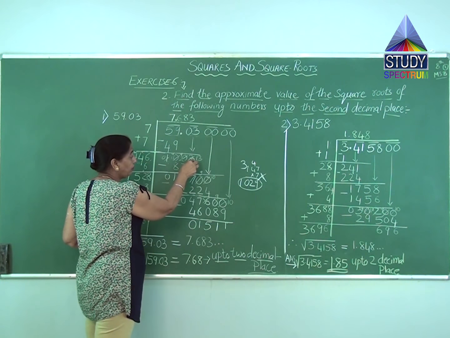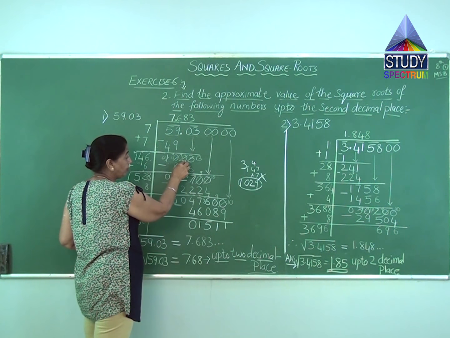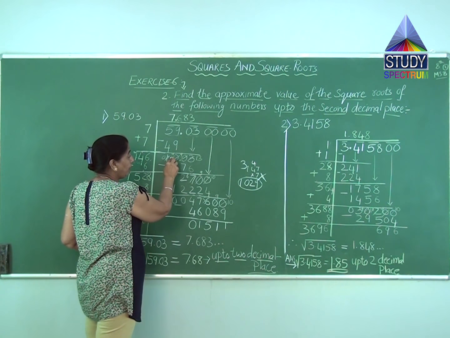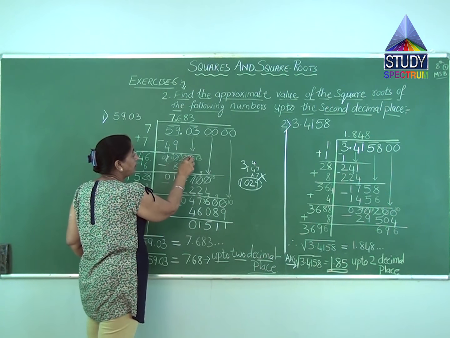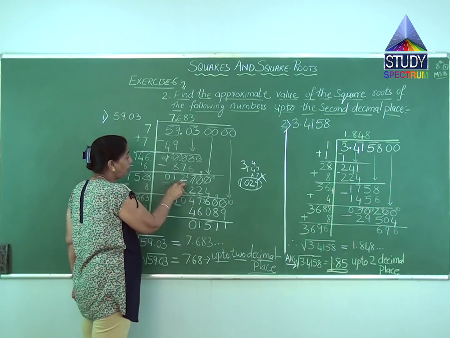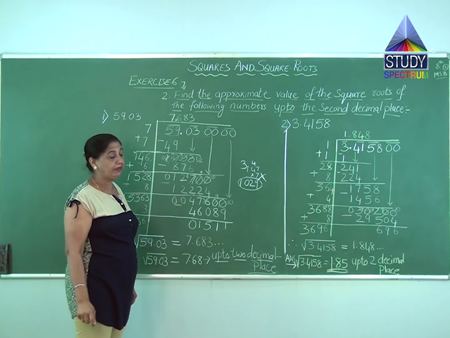From 3, 6 will not go and I can't borrow from here, so I have taken from this. It becomes 10. From here I have taken 1 over here and then again 1, so here it became 13. 13 minus 6 gives me 7. Here 9 is remaining. 9 minus 7 gives me 2. 9 minus 8 gives me 1. So 127 is the remainder.